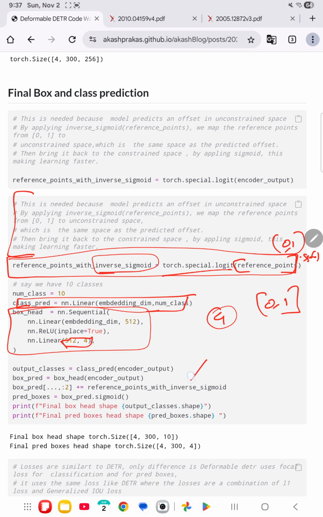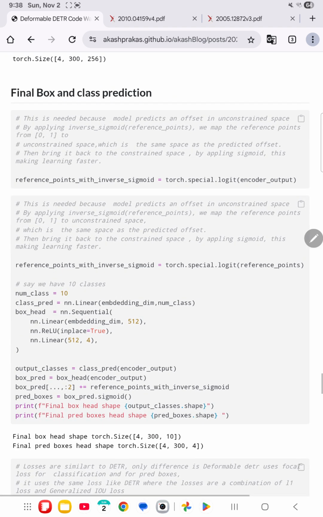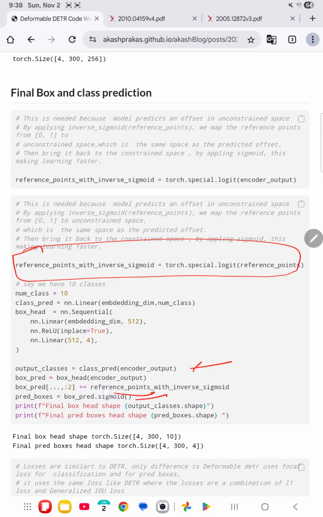Then we add that to the box prediction head, and after the addition we take the sigmoid and bring it back to 0 to 1, because the targets are also in 0 to 1 for the scale. This is similar to what's happening in Detr. The only difference is that you have an inverse sigmoid operation happening, then you add it, and then you take the sigmoid again, because the prediction logits are not in the sigmoid space.